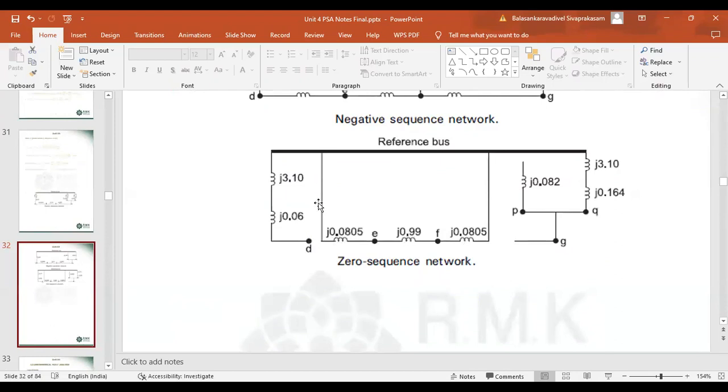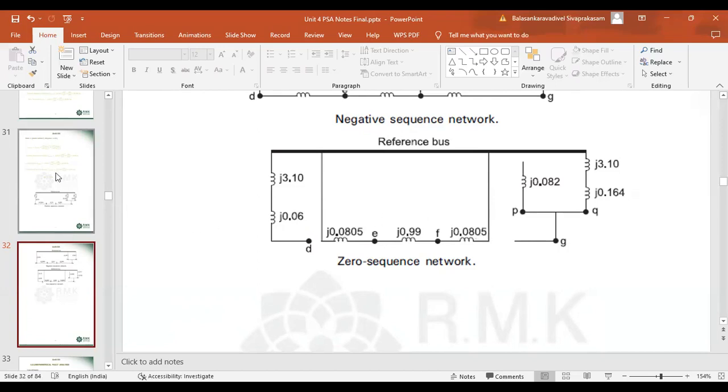While drawing the circuit from this reference, the transformer T2 secondary will be short circuited. So here until this transformer secondary, it is short circuited.